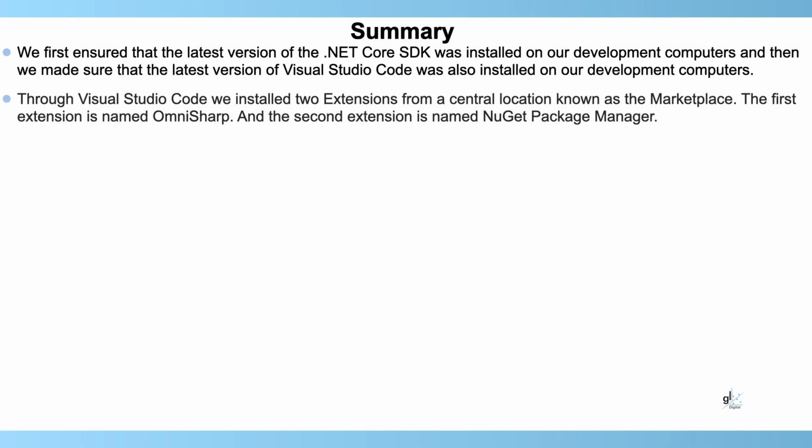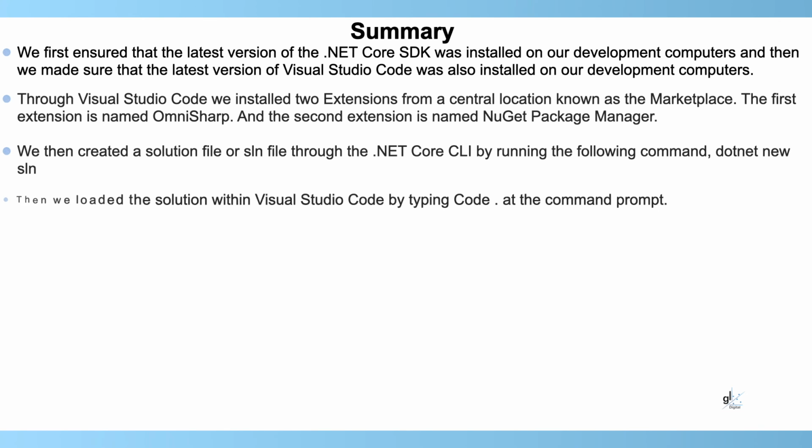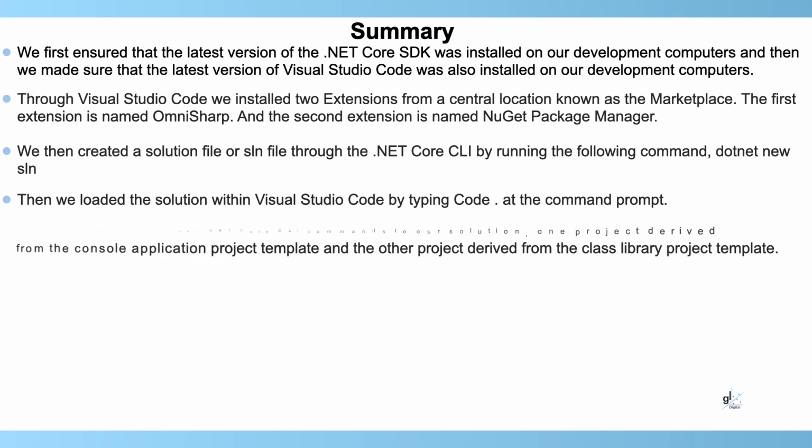The first extension is named OmniSharp, and the second extension is named NuGet Package Manager. We then created a solution file, or SLN file, through the .NET Core CLI by running the command dotnet new sln. Then we loaded the solution within Visual Studio Code by typing code space dot at the command prompt.